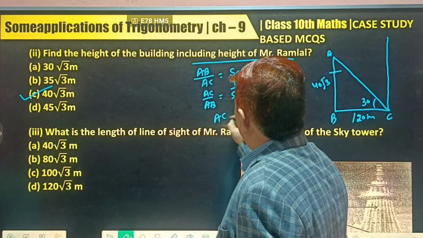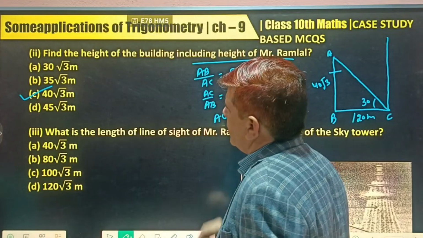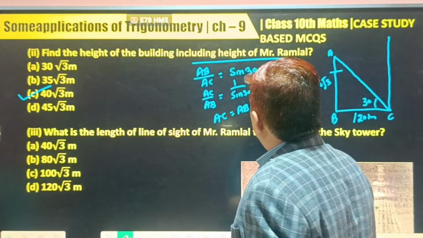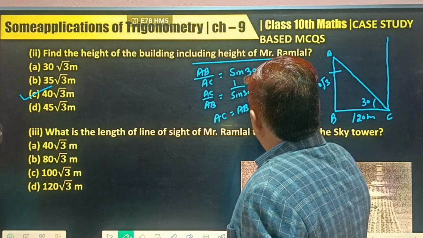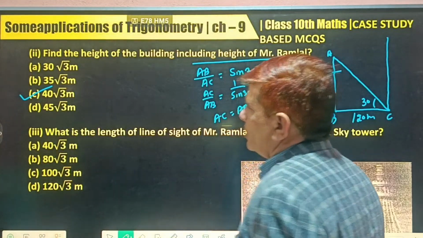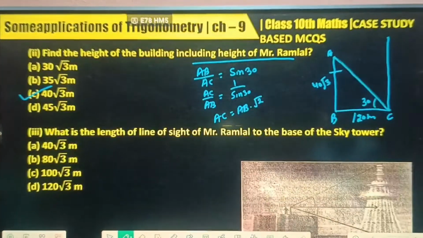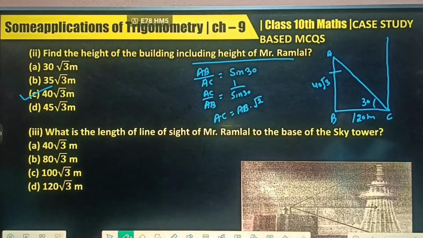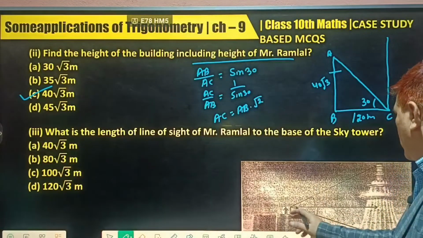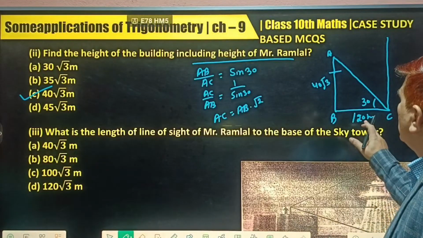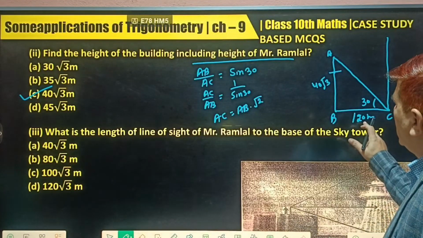So AC equals AB into, this is 1 by root 2, so it's coming root 2. What's your AB? AB is equal to 40. What is the length of the sight of Mr. Ramlal to the base of the sky? This is the base of the sky. This is 120 meter.